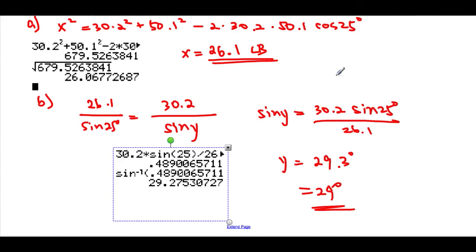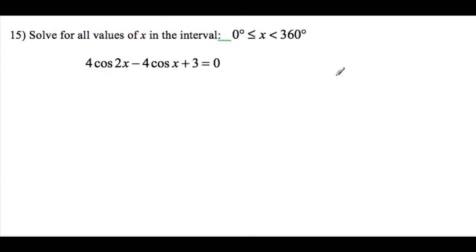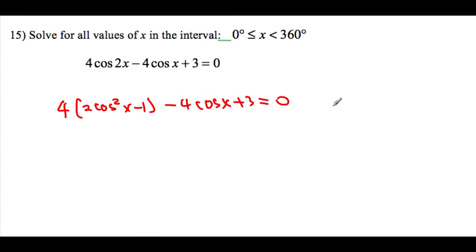Alright, let's go for number 15. Now, how are we going to do this one? See, x has to be between 0 and 360. So cosine of 2x has three options. But I will use 2 cosine square x minus 1 minus 4 cosine of x plus 3 equal to 0. Why?